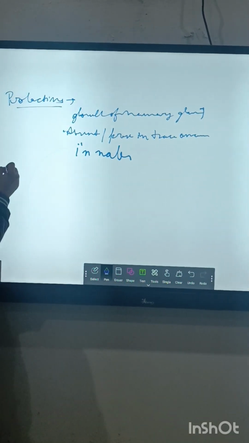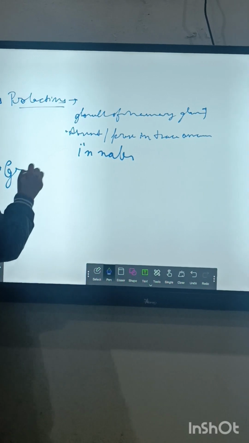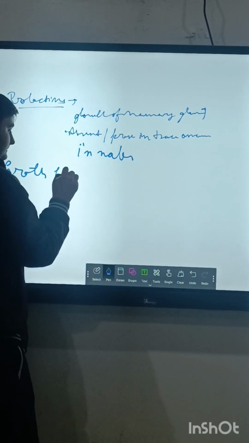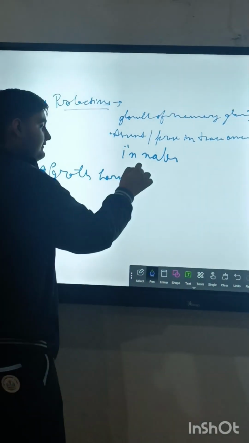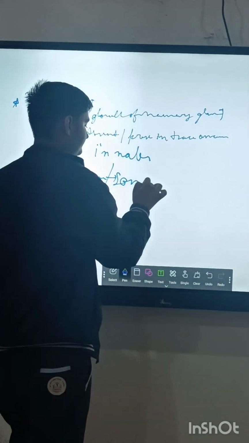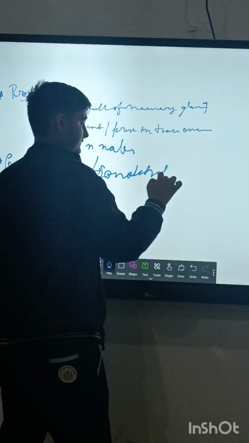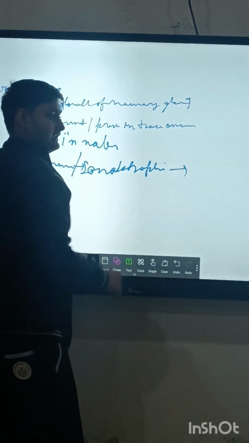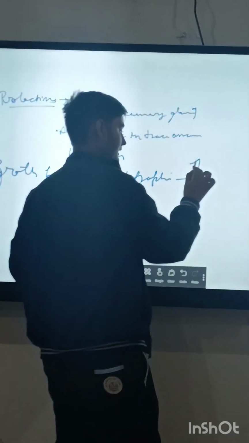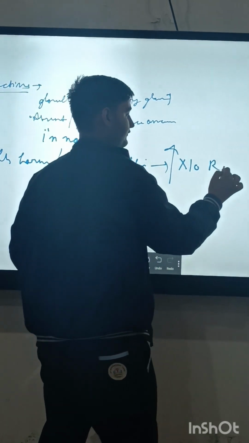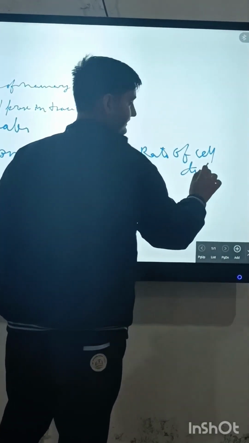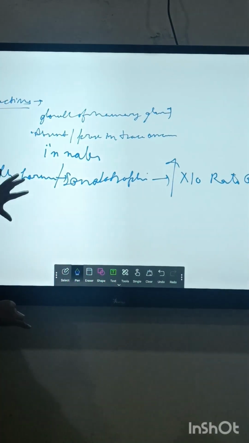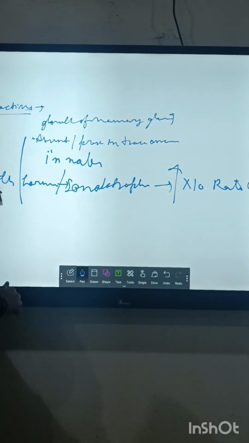Second one is growth hormone, one of the major hormones secreted by the pituitary gland, which is also known as somatotropin. It increases the rate of cell division in our body, which is a form of mitosis.